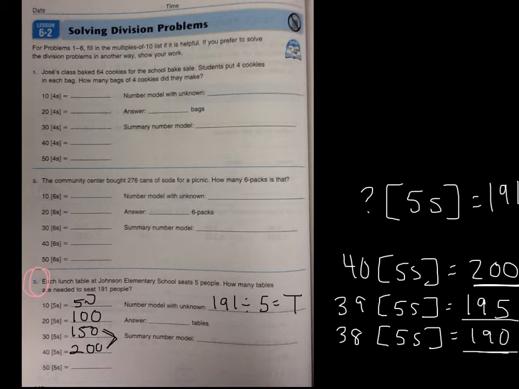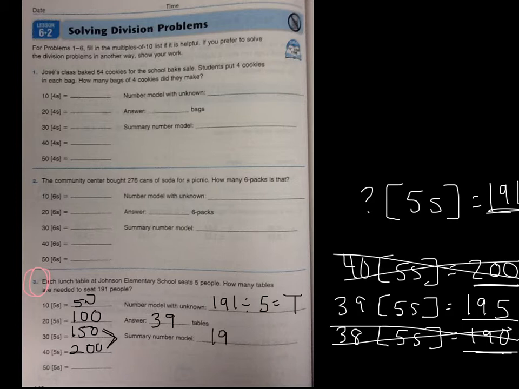If we only had enough to seat 190 people and we have 191, that's not okay. That doesn't seat enough. That seats too many. So our answer is the 39. So we would write down answer 39. And then our summary number model of 191 divided by 5 equals 39.